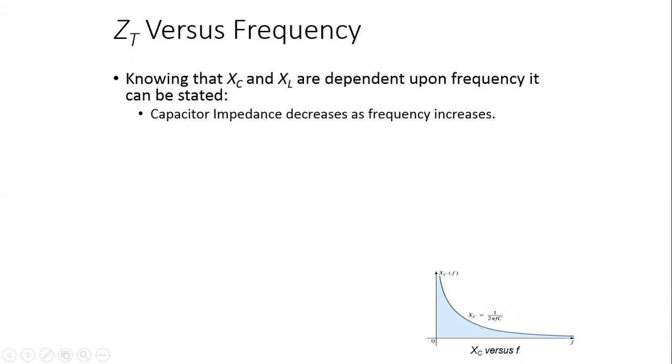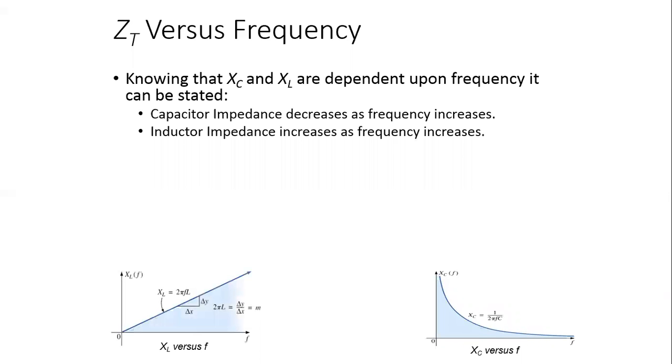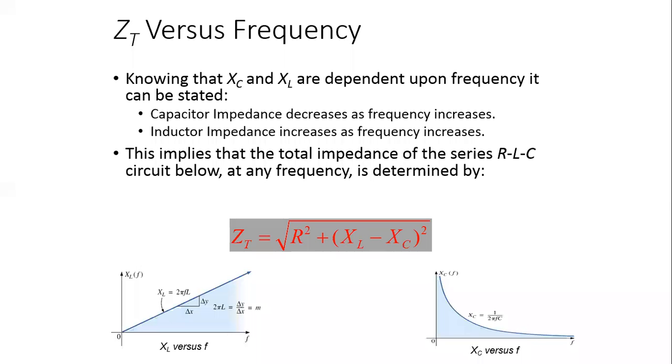One more thing you can observe here: as the capacitor impedance, that is the reactance, decreases, the frequency will be increasing. They are vice versa, or you can say inversely proportional to each other. That is, if XL is increasing, the frequency will decrease. Second, if you're talking about the inductor, if the inductive reactance or impedance is increasing, then again the frequency will increase.